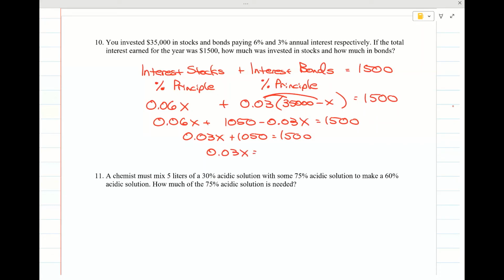So we're going to do 1,500 minus 1050 is 450. And then if we divide both sides by 0.03, 450 divided by 0.03 gives us $15,000. And remember, that's the amount that we had in stocks. That's what we defined x to be. So the amount left over for bonds would be 35,000 minus 15,000, or 20,000.